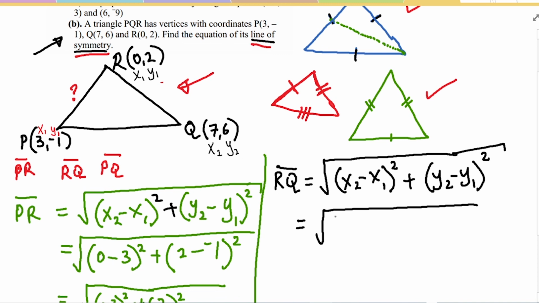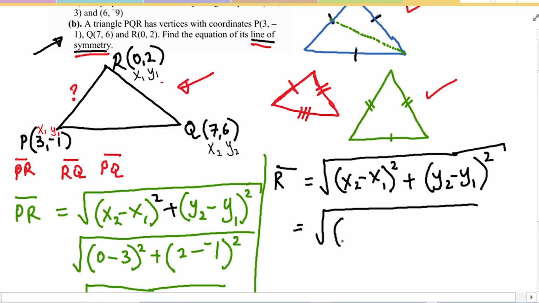So our value of x2 is 7 minus our value of x1, which is 0, squared, plus our value of y2, which is 6, minus our value of y1, which is 2, also squared.